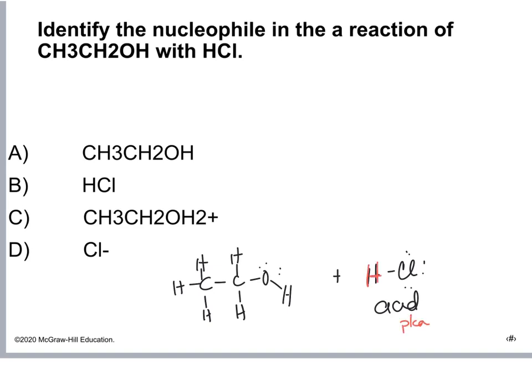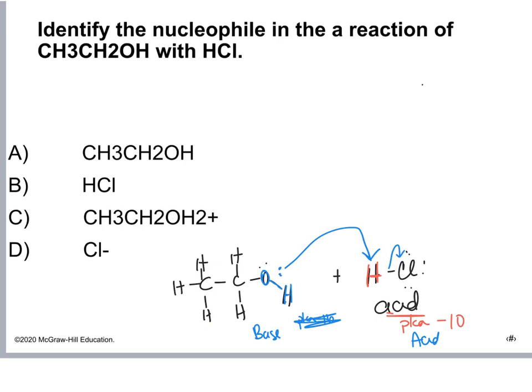This is the Bronsted-Lowry. That acid has a pKa like -10. And then we have, you know, this one isn't it, because this is a pKa of what? 16. So this one's going to be your acid. That would make this your base. And now you know to draw these lone pairs there.